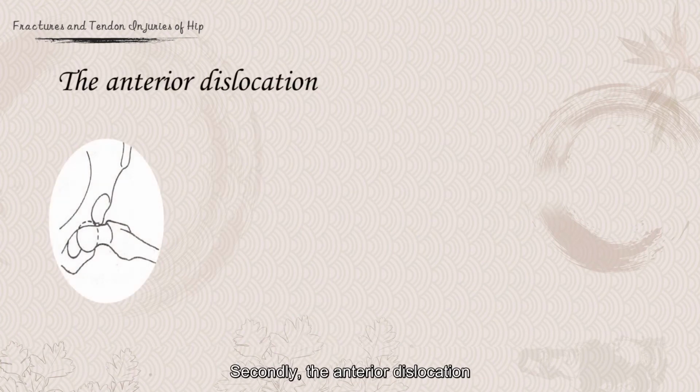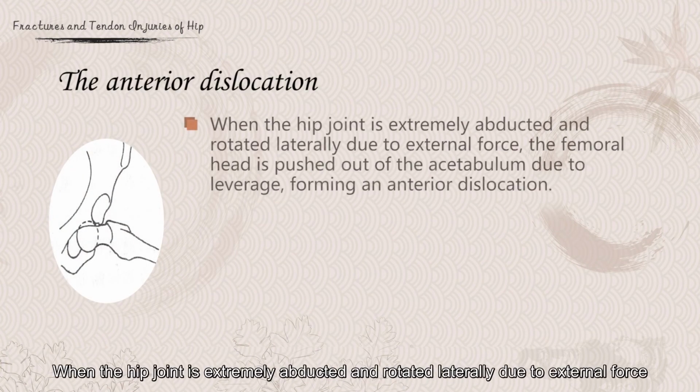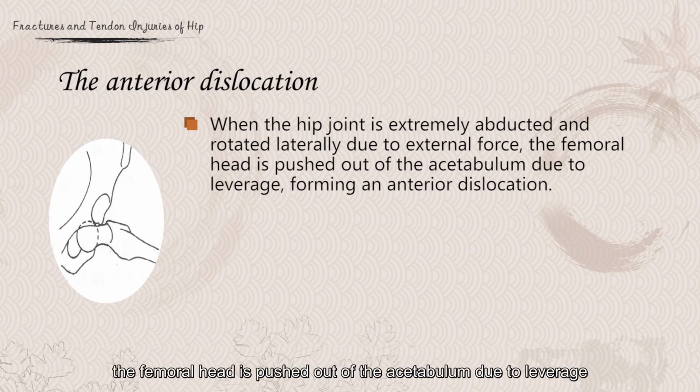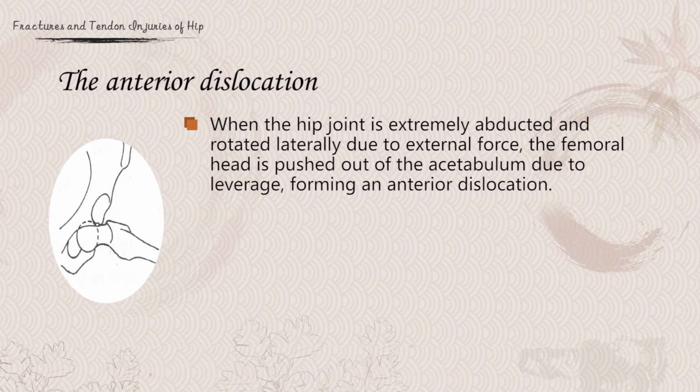Secondly, the anterior dislocation. When the hip joint is extremely adducted and rotated laterally due to external force, the femoral head is pushed out of the acetabulum due to leverage, forming an anterior dislocation.